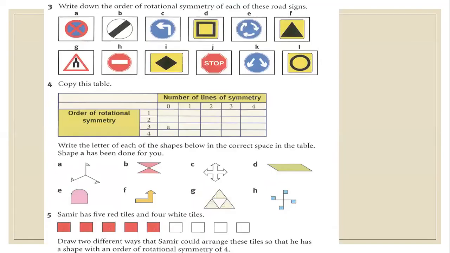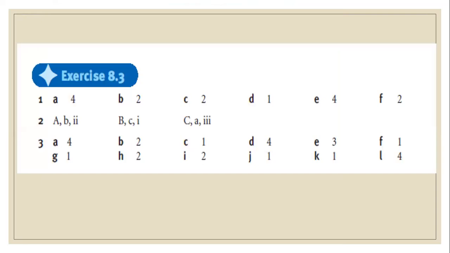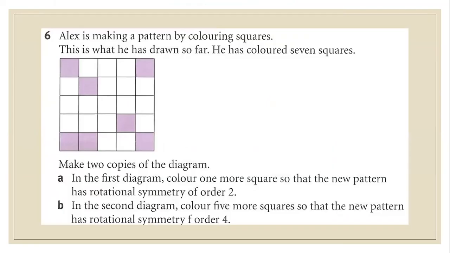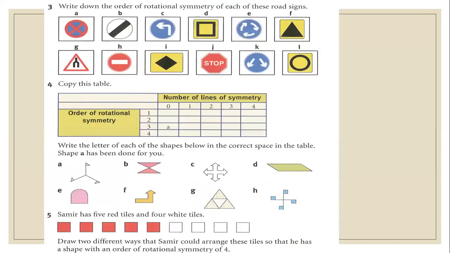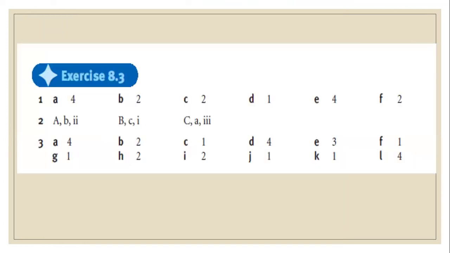H is 2. I is also 2. J is 1. K is 1. J and K are 1. And last, L is 4. Look here, 1, 1, and 4.